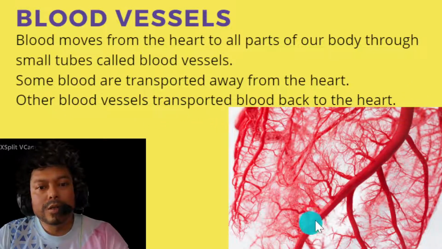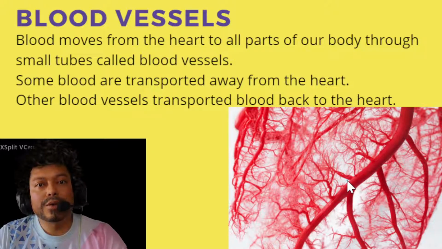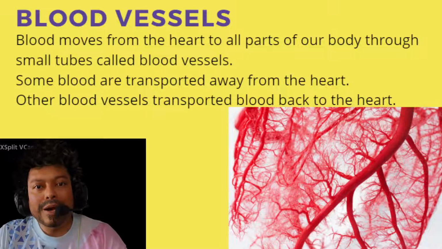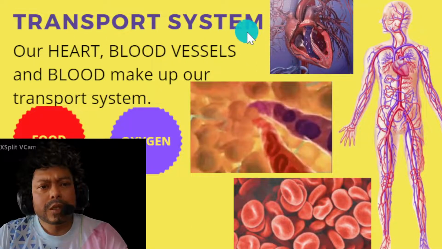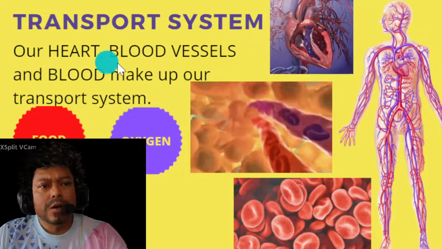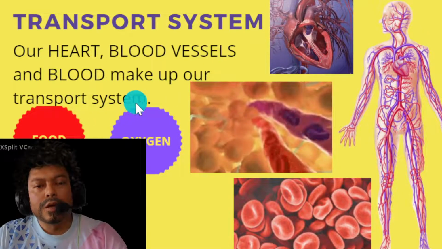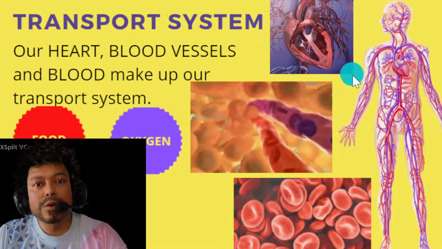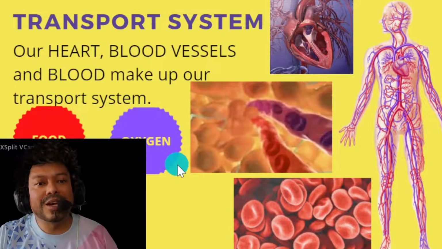So the function of blood vessels is to transport blood from the heart to other parts of the body and back into the heart. Now, our heart, blood vessels, and blood make up our transport system. What does the transport system transport? It transports food and oxygen.